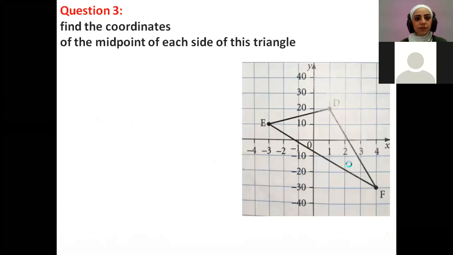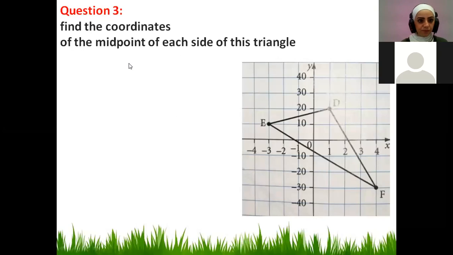Okay, let's check this example. We need to find the coordinates of the midpoint for each side of this triangle. As you see here, there's a triangle with 3 vertices, D, E, and F. They want the midpoint of each side.